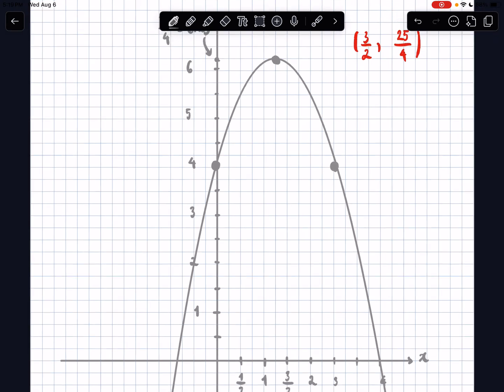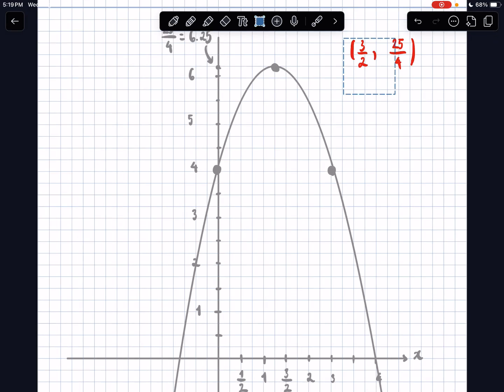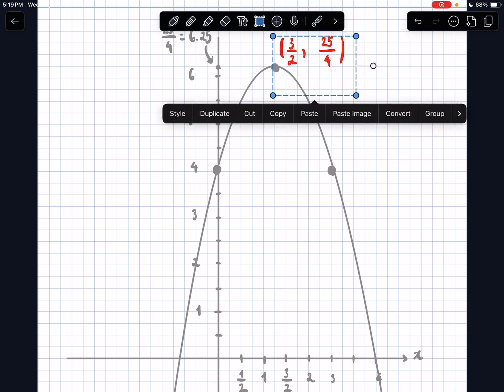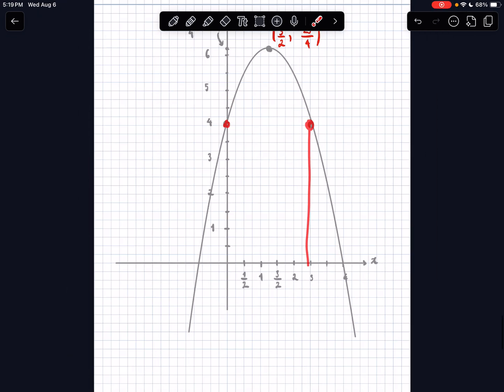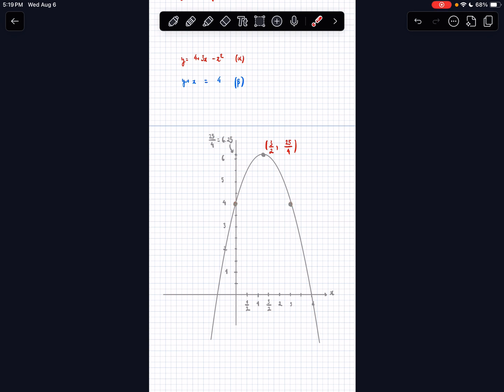So it's about like this: the maximum at (1.5, 6.25), (0, 4) is here, and (3, 4) is here. So this is alpha.